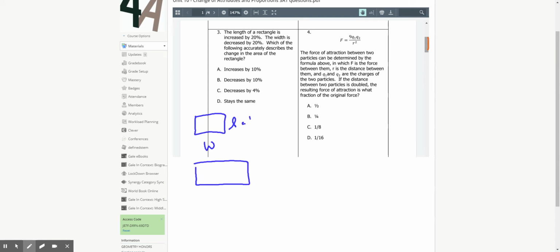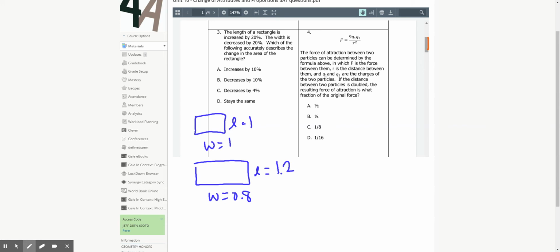If this equals 1 and this equals 1, then the new length is increased by 20%. Then L equals 1.2, because that's an increase of 20%, and the width is decreased by 20%, so the width turns into 0.8. Don't worry, my drawings are not drawn to scale. That's not going to matter.